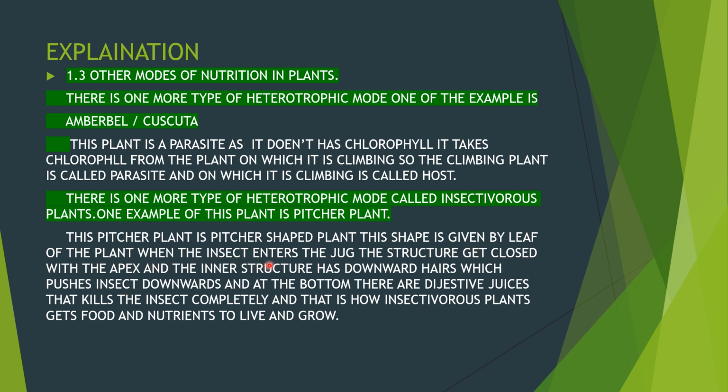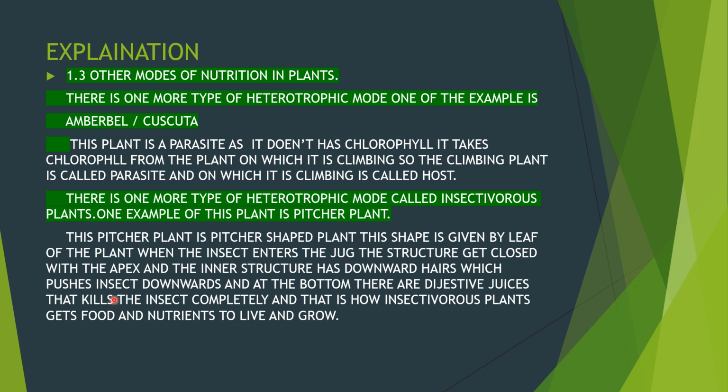When the insect enters the jug, the structure gets closed with the apex, and the inner structure has downward hairs which push the insect downwards. At the bottom there are digestive juices that kill the insect completely, and that is how insectivorous plants get food and nutrients to live and grow.